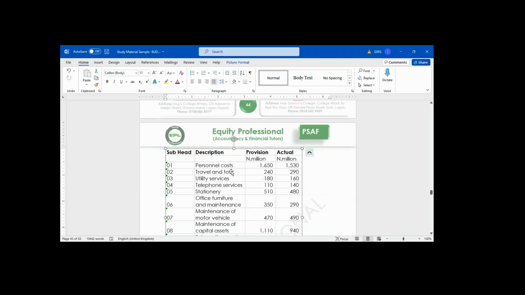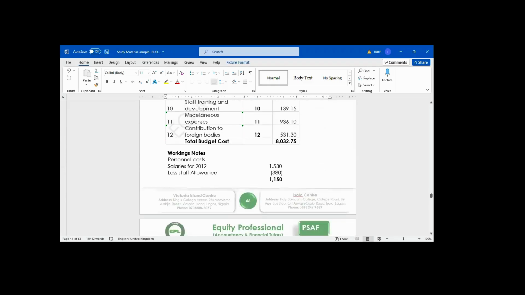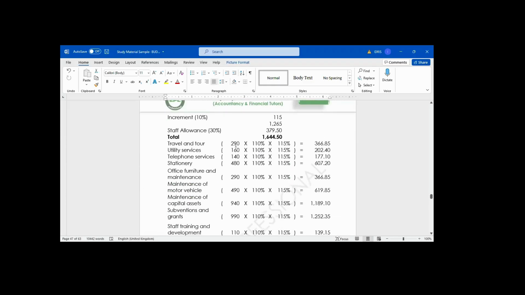That means if you want to do travels and tour for 2013, the actual amount is 290 million. Look at the workings. The actual amount, 290 times 110. This 110 means inflation. Times again, 115. This 115 means increase in activity.